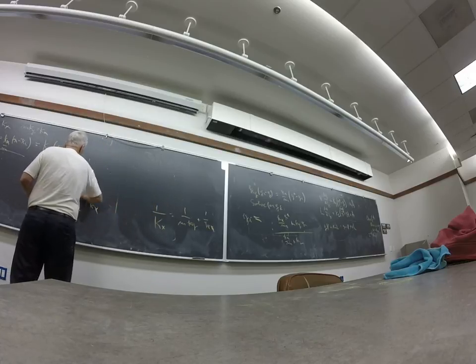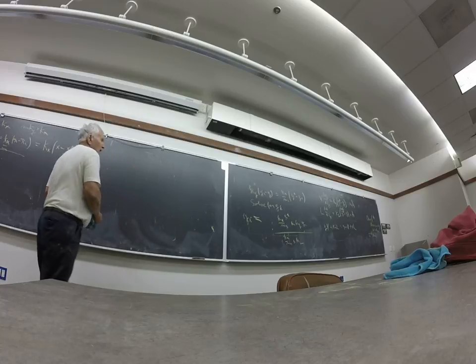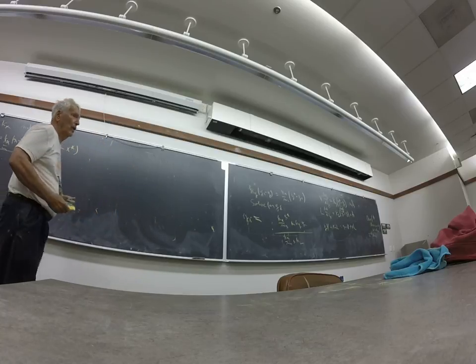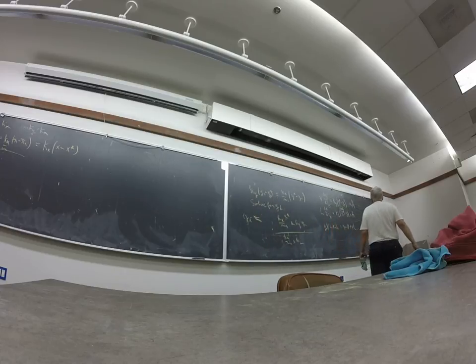So we say to ourselves, I want to take those two equations, and whenever I can, I would like to reduce them to one equation, if I can. Make one equation out of this.